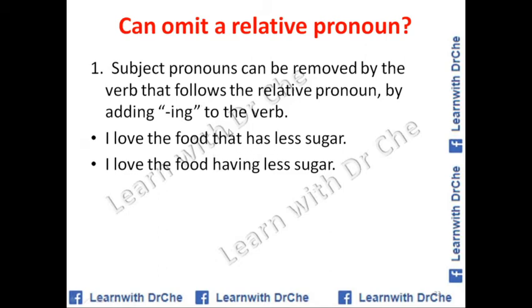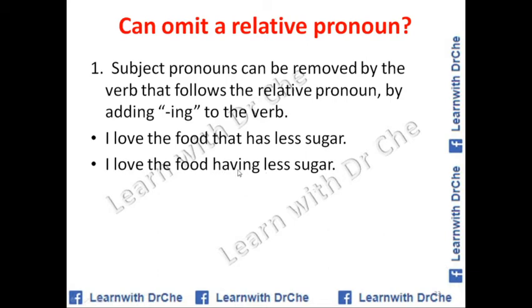So we remove this pronoun, and the verb that comes after this pronoun, we change into the ing form, the gerund form. I love the food having less sugar. We cannot say I love the food have less sugar.